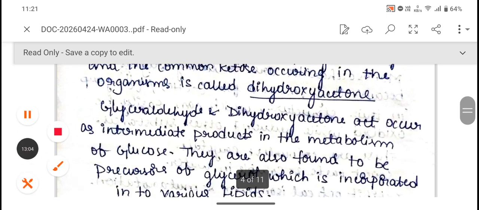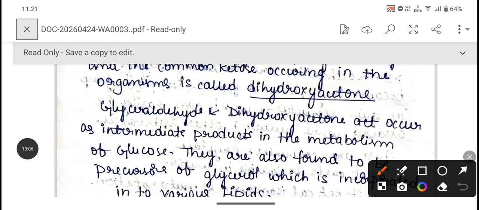So glyceraldehyde and dihydroxyacetone occur as intermediate products in the metabolism of glucose. Glucose has a metabolic pathway known as glycolysis, in which glucose is broken down into 2 molecules of pyruvic acid. In that pathway you see glyceraldehyde and dihydroxyacetone as intermediate products.